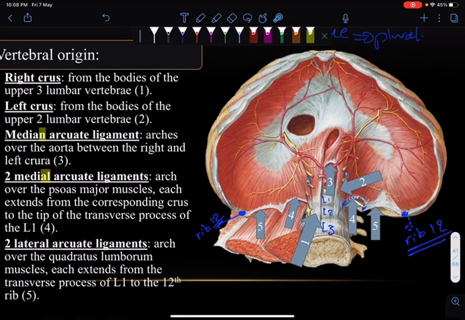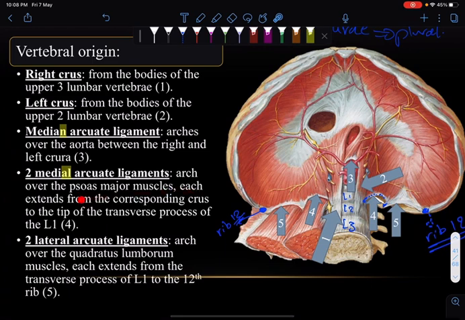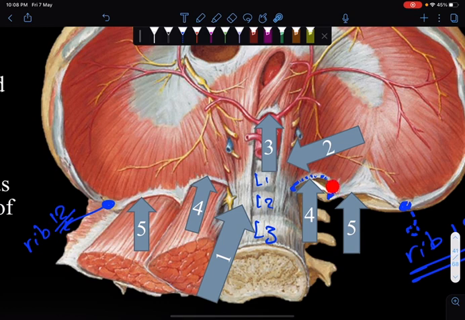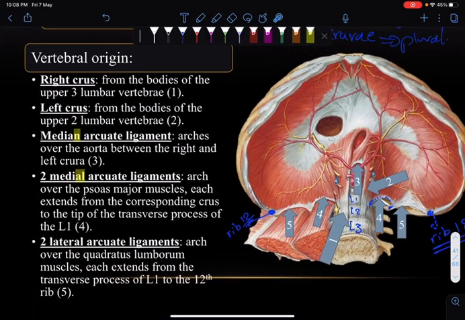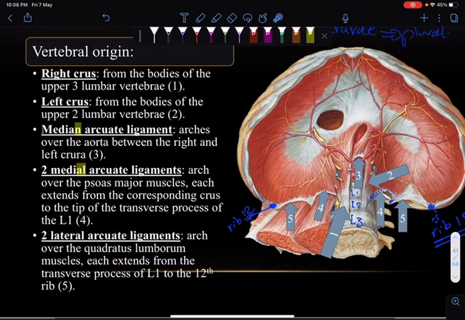So the psoas major muscle is over it, and each extends from the corresponding crus, the matching one, to the tip of the transverse process of lumbar 1. Hopefully it's clear. Now the other side.